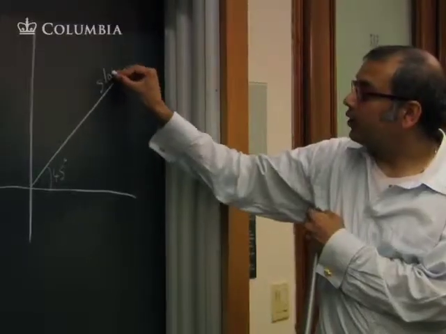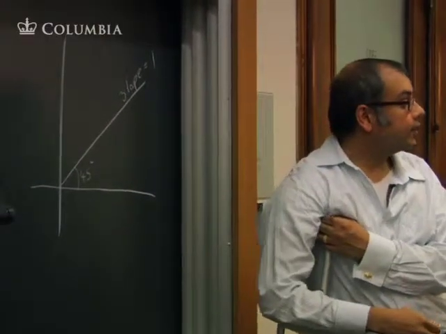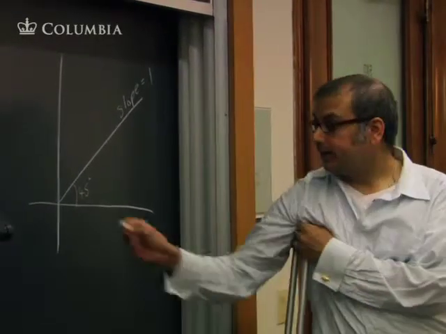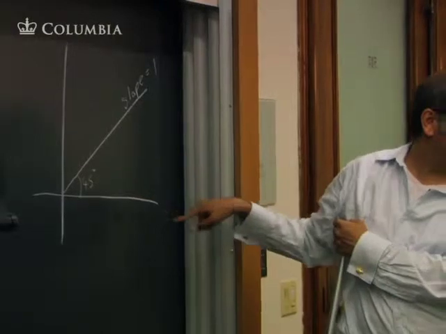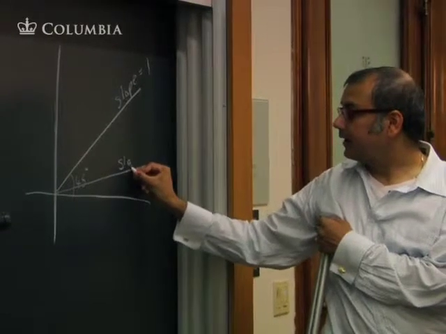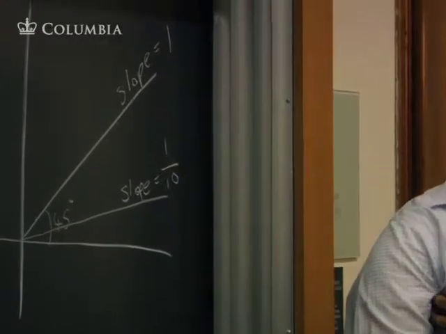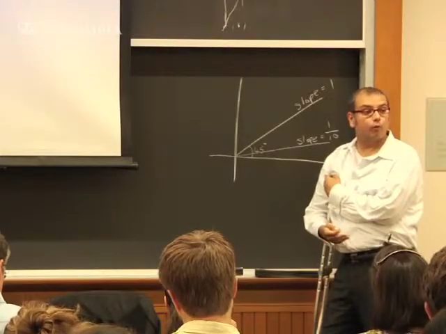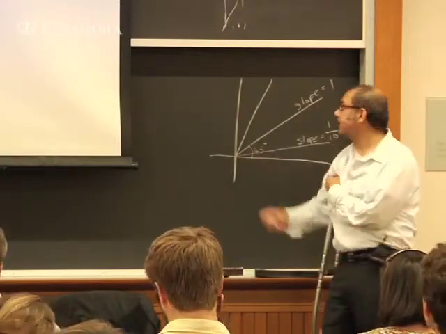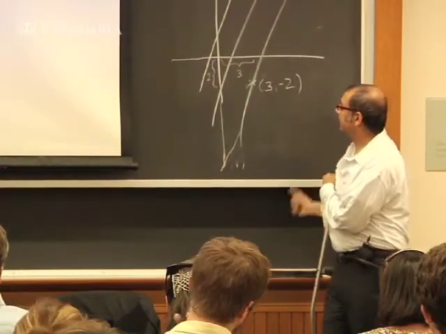If the slope was 1 in 10, a rise of 1 for every run of 10, you'd only have a small rise for a long run, so this would be the slope. Similarly, a slope of 4 would mean a rise of 4 for a run of 1, so it would look like that. Okay?